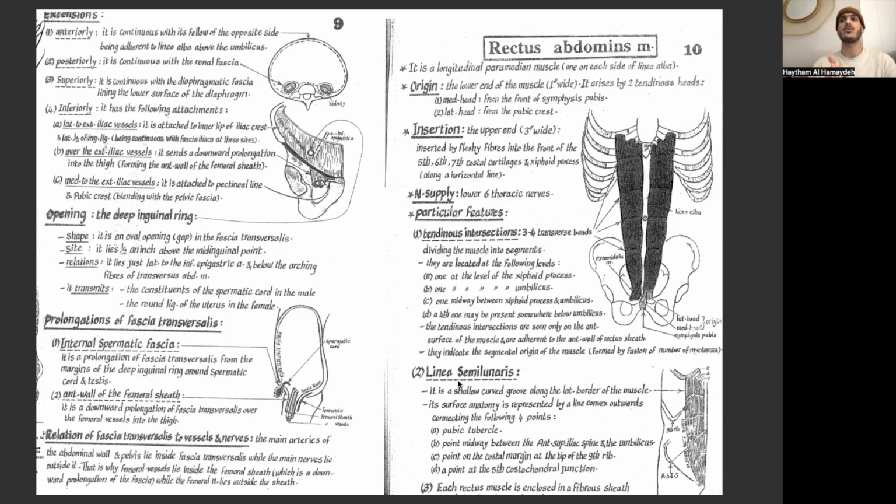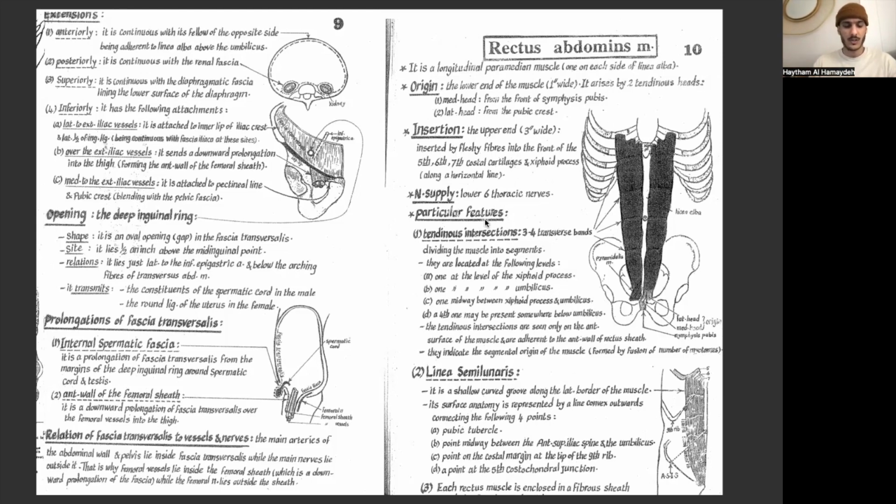So you'd want to name them, muscles and fascias, and how they're layered from external to internal, and what comes first and what comes last, so that you have an idea.